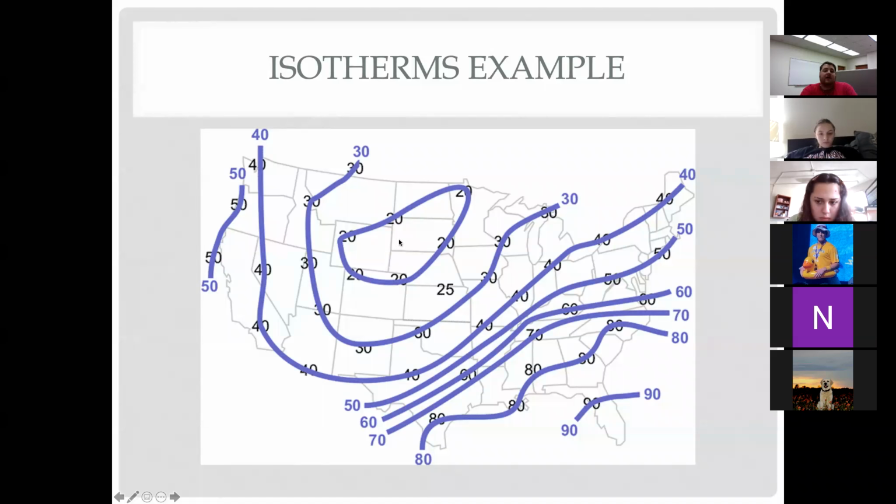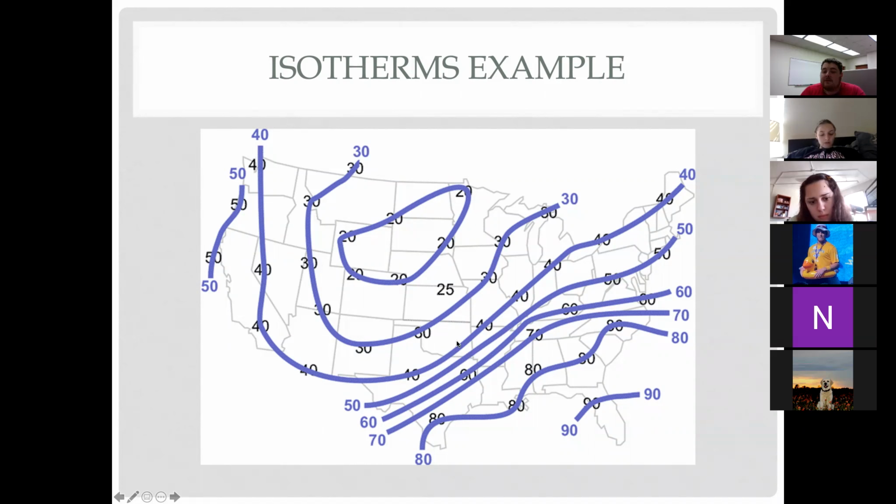Sometimes whenever you do this, you'll get circles, or you may get big lines. Then do them for the rest of the temperatures. Our 30-degree values go up from Canada all the way down to New Mexico, and then back up towards Michigan again, and then 40 degrees.